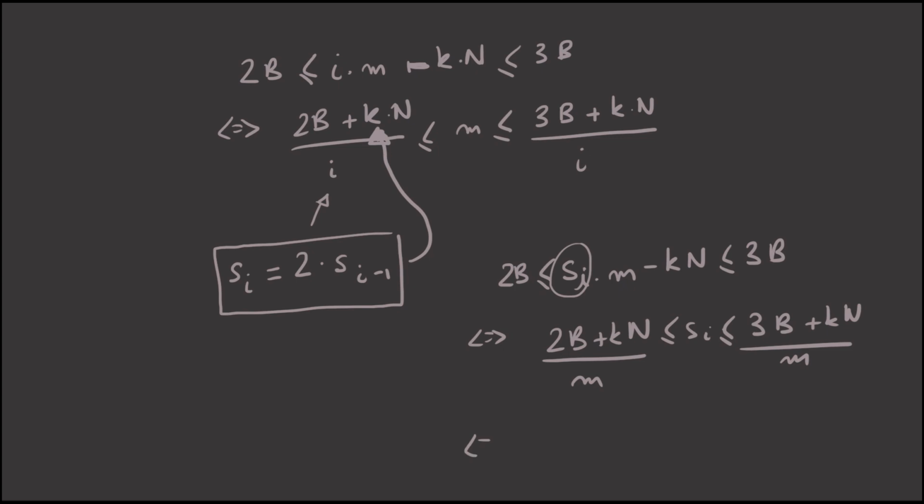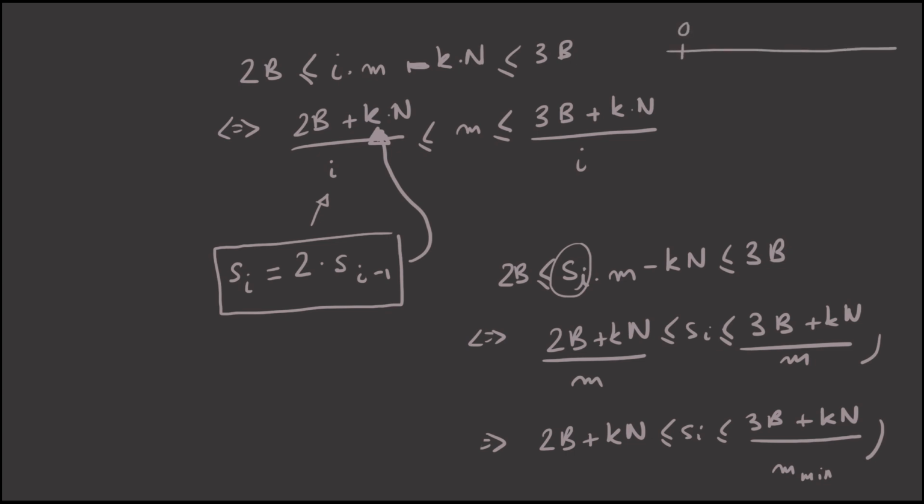And we can also reduce that to 2b plus kn over si, or 3b plus kn, and this value here is smaller than this value here, so this is true, right? M min being the minimum value of m that we currently have.